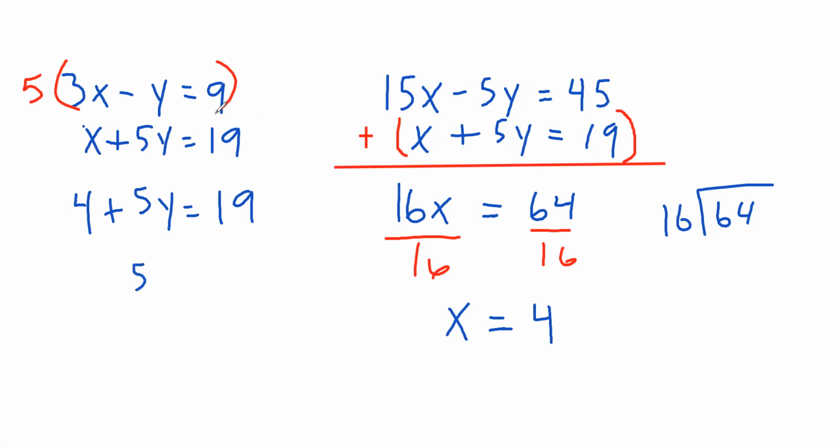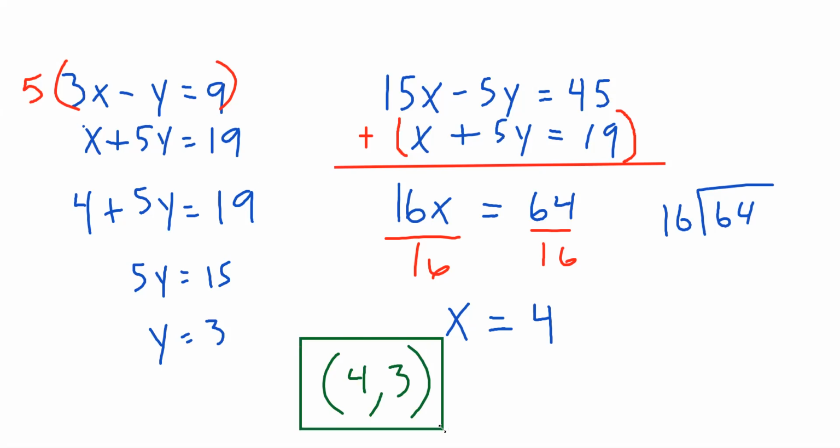Subtract the 4 over, you'll get 5y equals 15. Divide both sides by 5, you'll get y equals 3. So my final solution will be the coordinate (4, 3). And that's the answer.